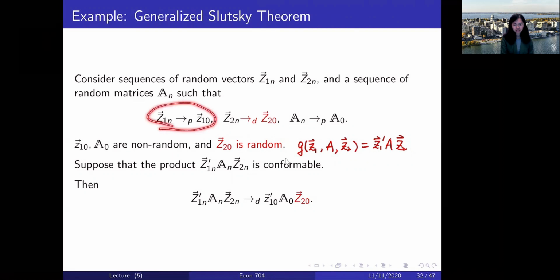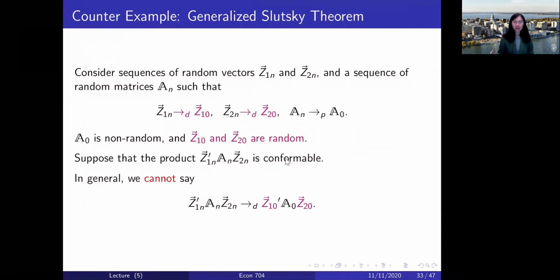Now you have two things that converge in probability and one thing that converges in distribution. That's allowed by the generalized Slutsky theorem. By the generalized Slutsky theorem, when you put these three things into the continuous function, it converges in distribution to G of the limits of the three. The theorem applies because you have only one element that converges in distribution. The other ones converge in probability.